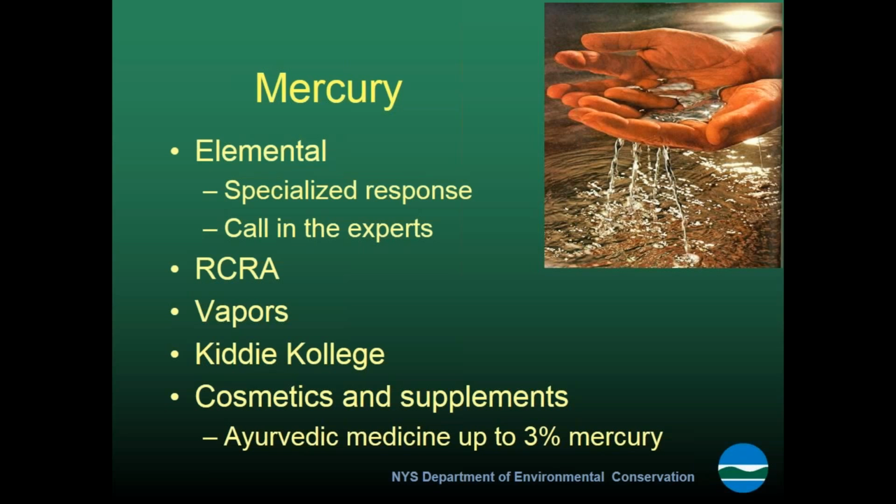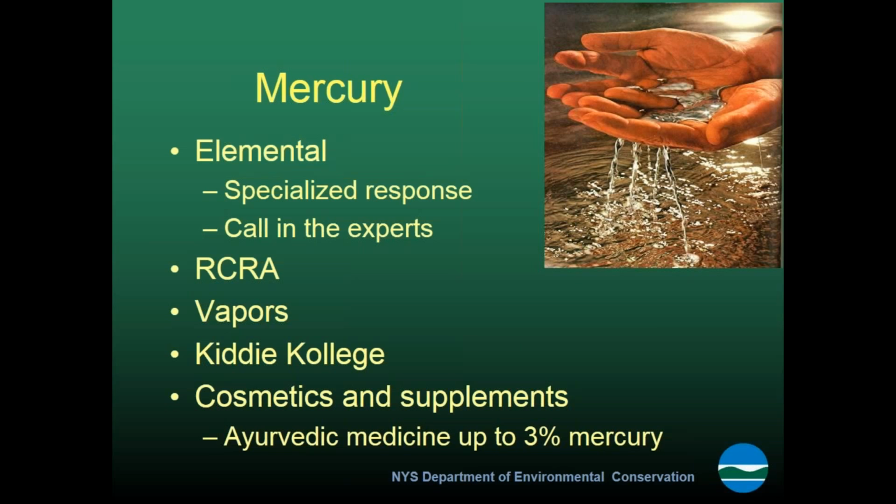The other unique thing about mercury as metal is that it does create vapors. That's the principal exposure that we've seen. Industrially, mercury used to be used in the felting industry, and that's where the Mad Hatter meme came from.